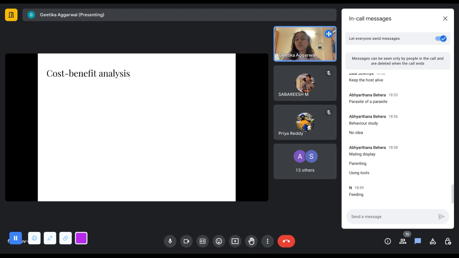Okay. So, while studying behavior, one of the fundamental approaches would be a cost benefit analysis. Do you all know what a cost benefit analysis is? When you hear the term cost benefit analysis, what comes to your mind?